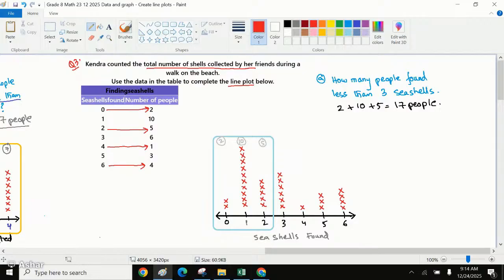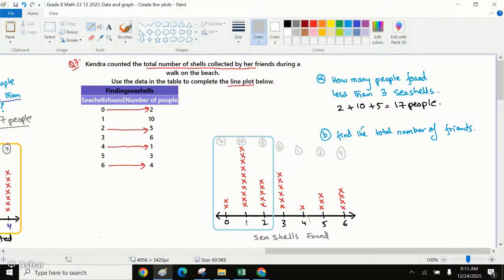Okay. And if they ask us in part B, find the total number of friends. If we need to find the total number of friends, what we can do is, if we would write 6 here, 1 here, 3 for this, and 4 for this, right?